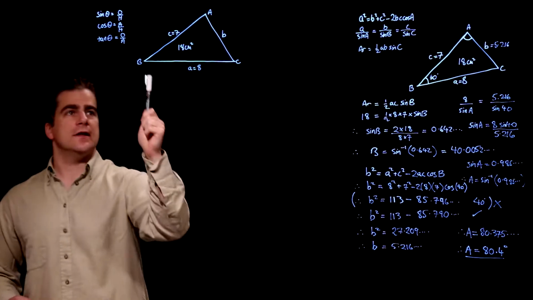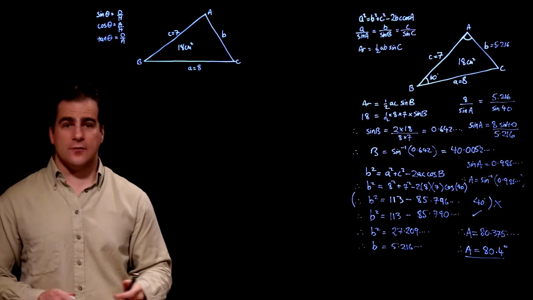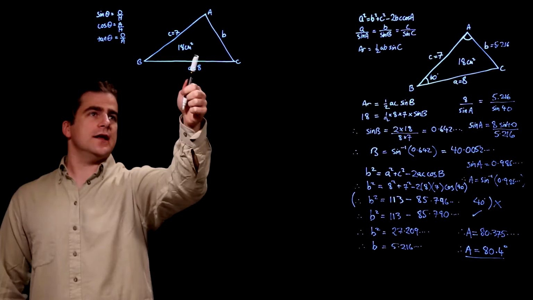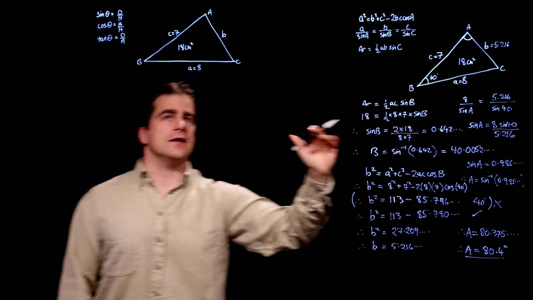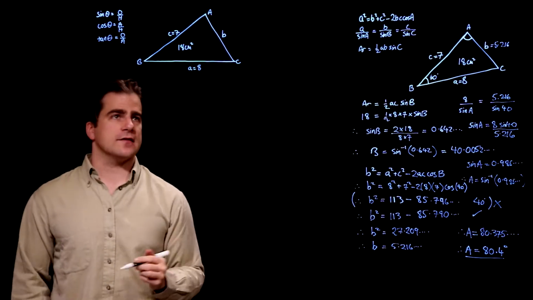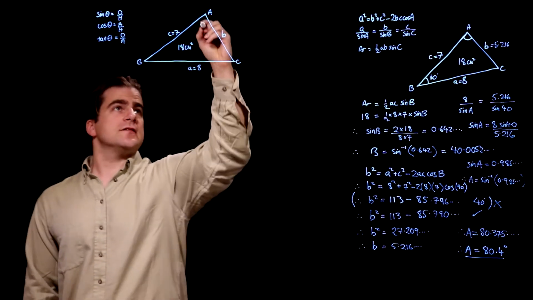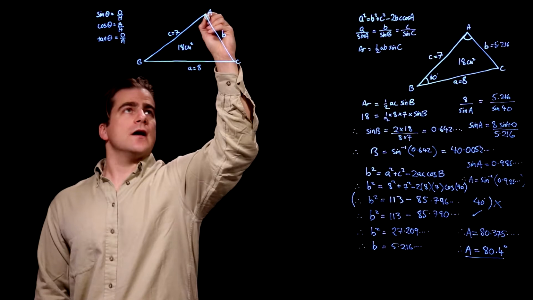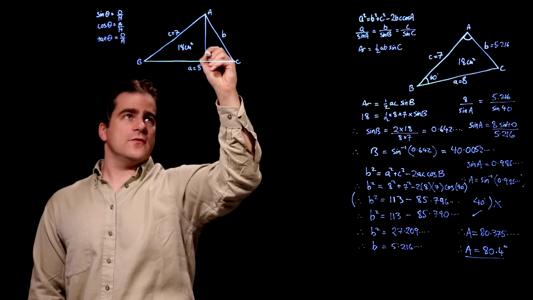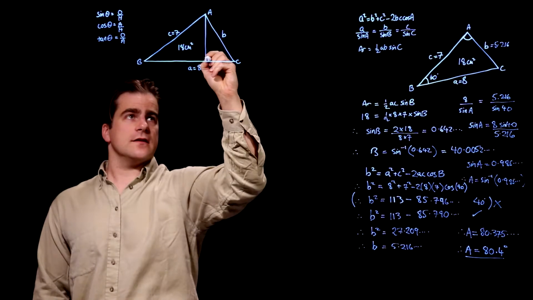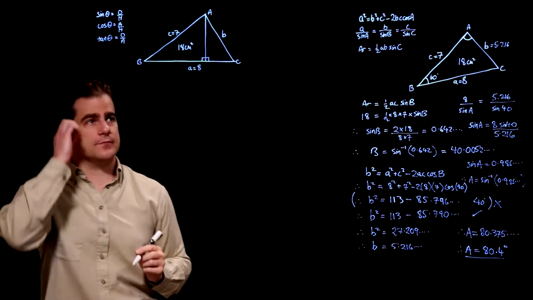So now, let's move on to a different way of doing it. I've redrawn the triangle here, just rotated slightly, so BC is flat. The reason is, we're going to treat that as the base of the triangle and drop a vertical in there. So that and that is a right angle.